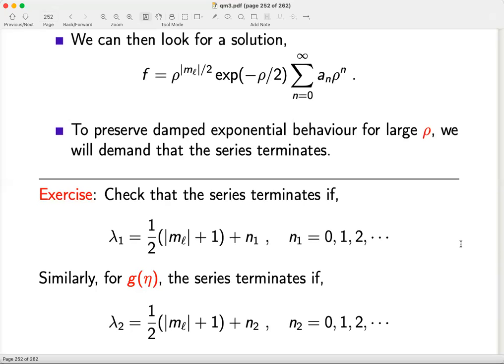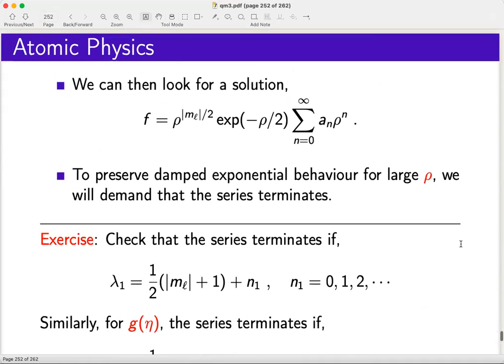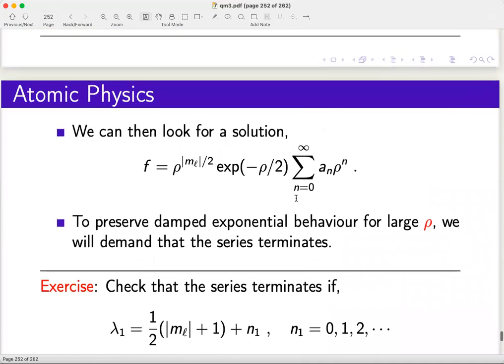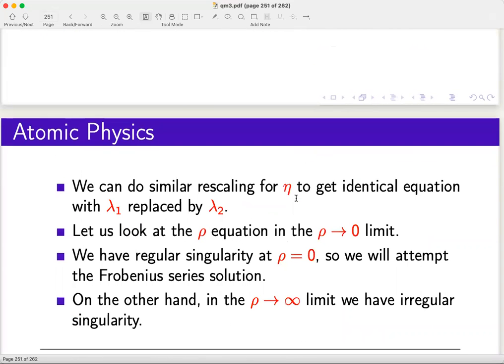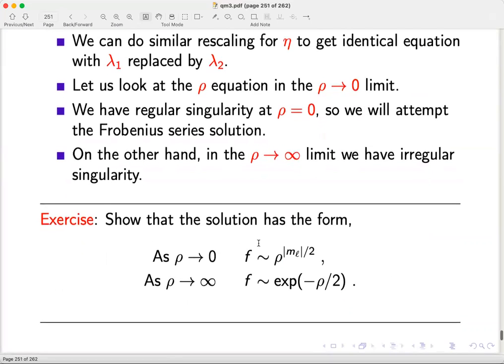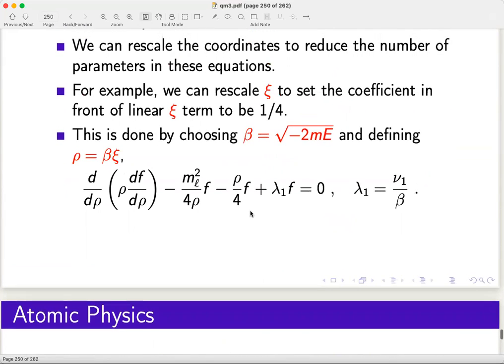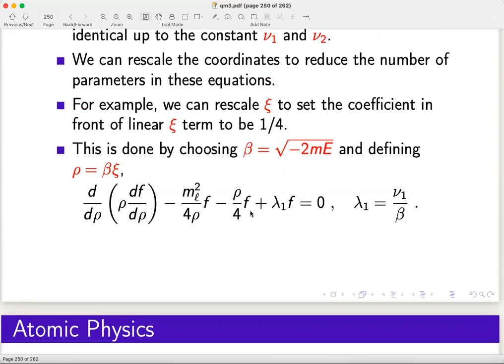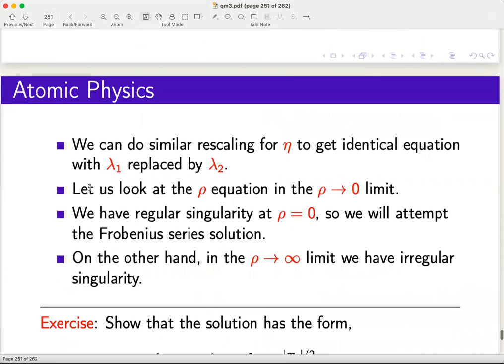We can do a similar exercise for the function g. Remember, f is a function of the variable xi or rho. g is a function written in terms of the variable eta, which of course we will rescale to something else, say sigma.